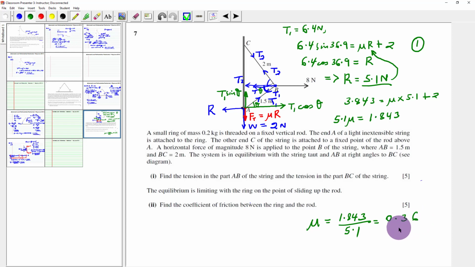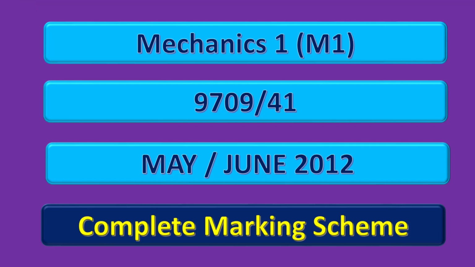You can just say 0.36 will be the value of mu. So the coefficient of friction between the ring and the rod is 0.36. And that brings us to the final part of this particular paper.